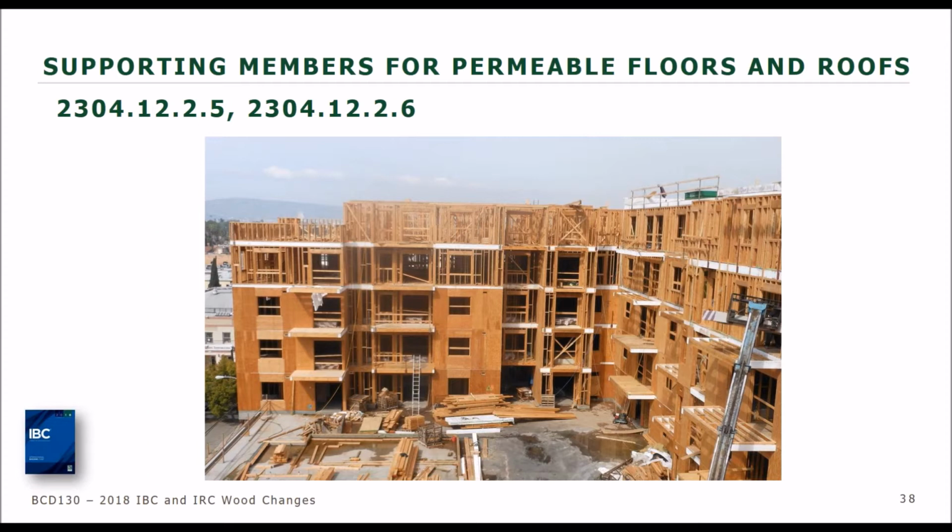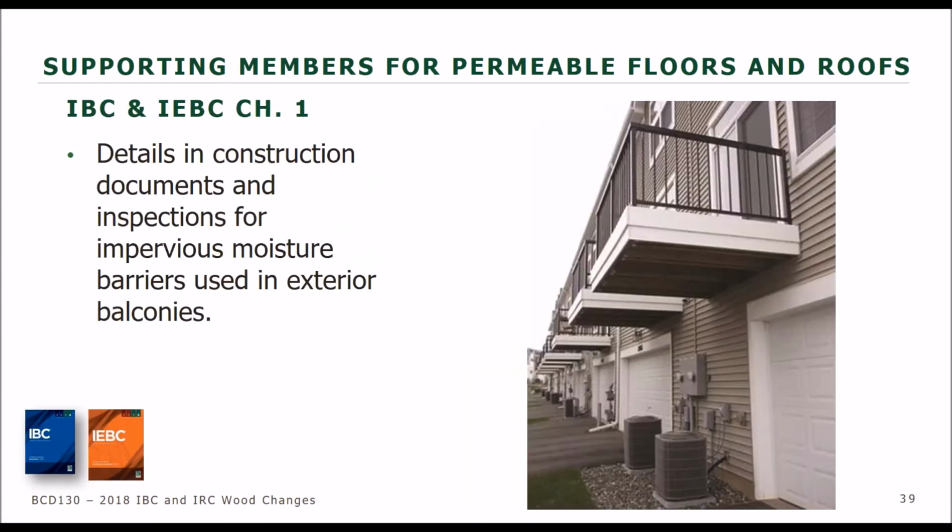And this has to do with permeable floors and moisture barriers in wood construction, where we see some additions to the code to help mitigate some challenges one might see. The first change has to do with providing detailed construction details in the construction documents, as well as inspection for impervious moisture barriers when used for exterior balconies.